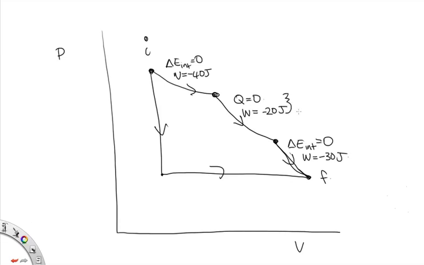We can get it easily for this step using our first law of thermodynamics. The change in internal energy is just the Q plus the W, which is equal to minus 20 joules in this case. So the total change in internal energy is 0 plus minus 20 joules plus 0. So that just gives us minus 20 joules as our final answer to that question.